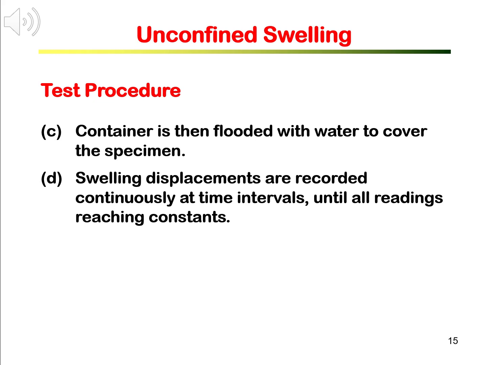Add water into the container until the specimen is fully submerged in water. Throughout the test, you may need to add water to make sure the specimen is always flooded.